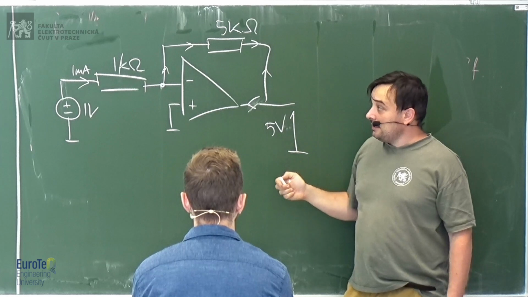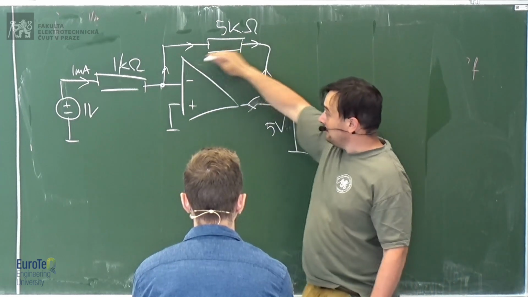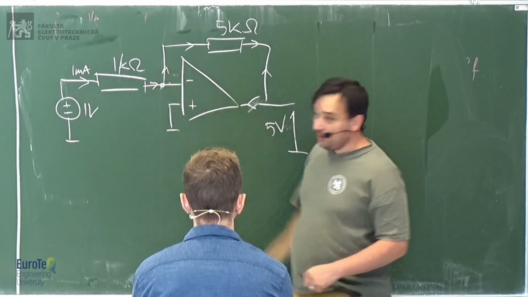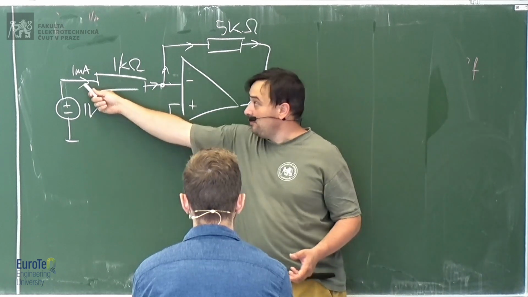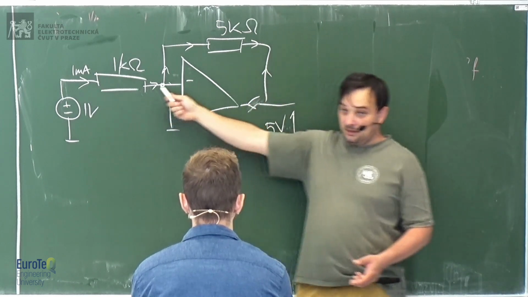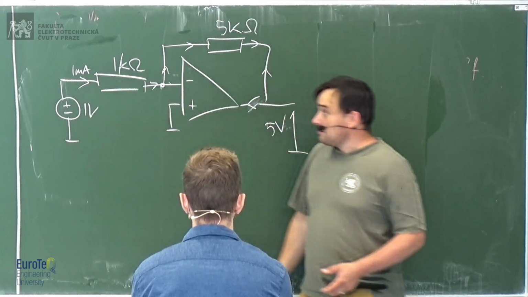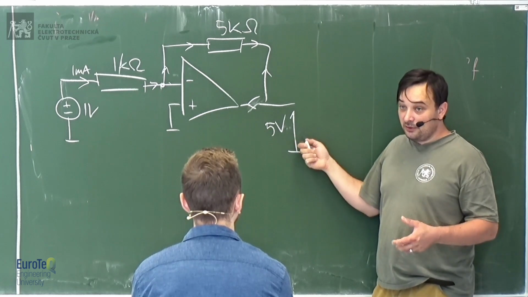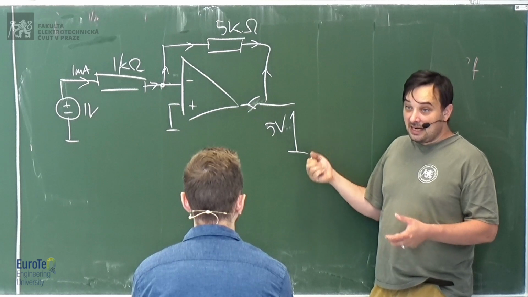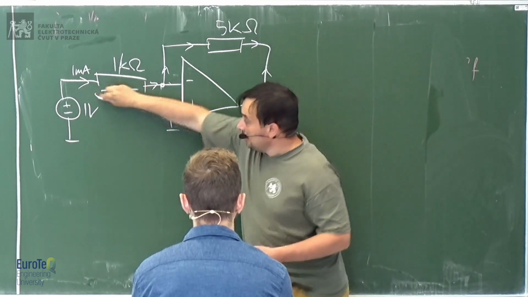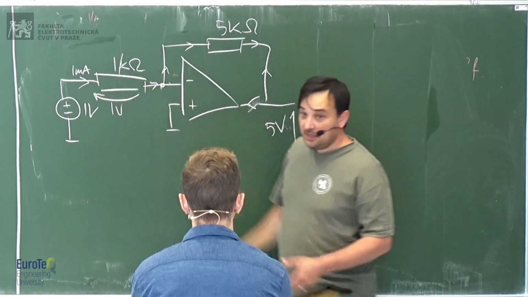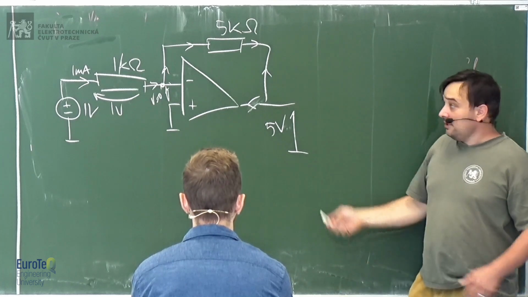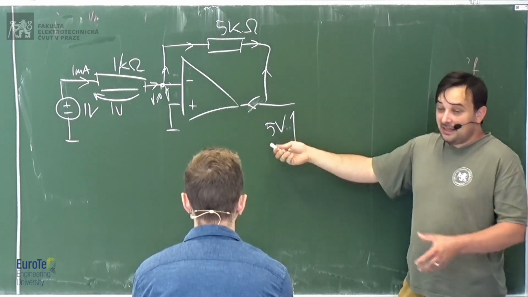It will absorb a current so that this current absorbed by the operational amplifier cannot come from here, so it will come from here. So it's the same current which will flow from the source. So the moment the operational amplifier generates a voltage which makes the current be 1 milliamp, then you will have 1 volt here, and this will be 0, okay?